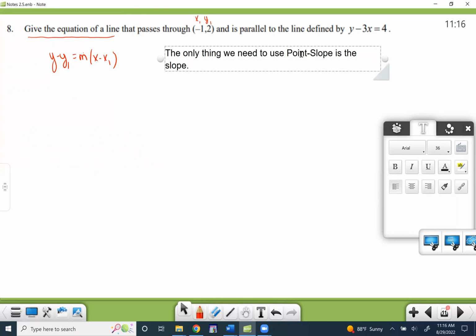Well, this line that we're writing the equation of is going to be parallel to that line given in the directions, y minus 3x equals 4, okay? So the line we need the slope of is parallel to the given line.